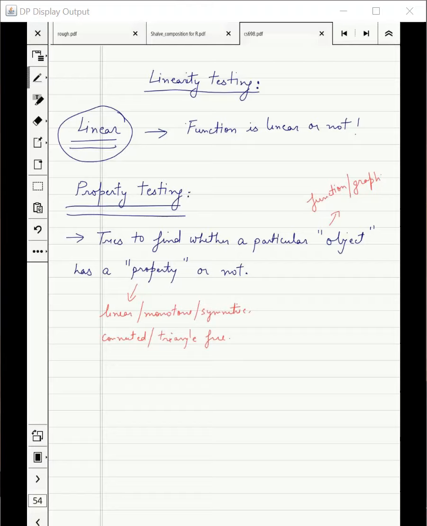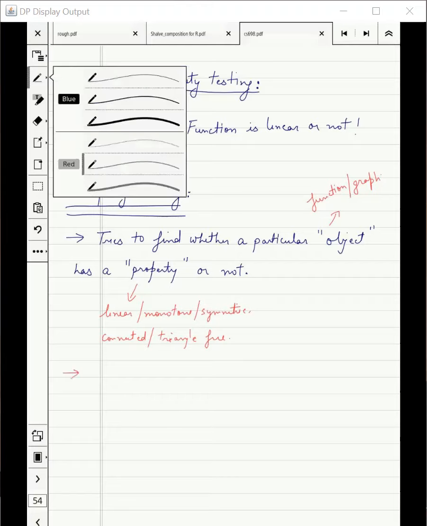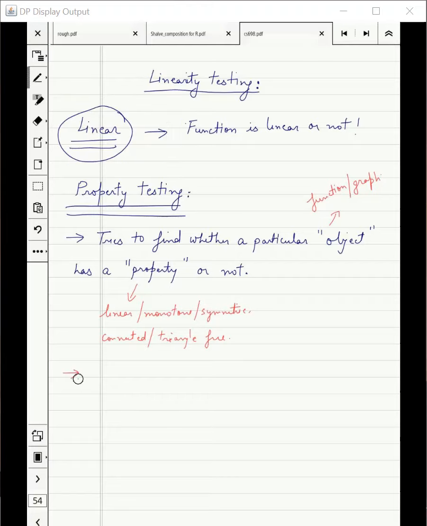Now, unfortunately, in most of these cases, it is hard to check the property exactly, in the sense that you would actually have to look at the complete object before you can decide whether it has a particular property or not. For example, if you're looking at a graph, right?